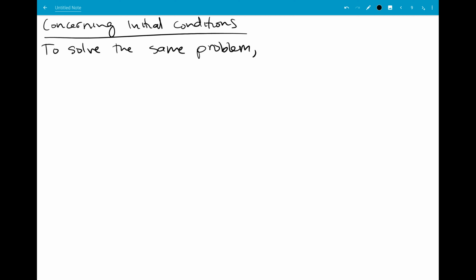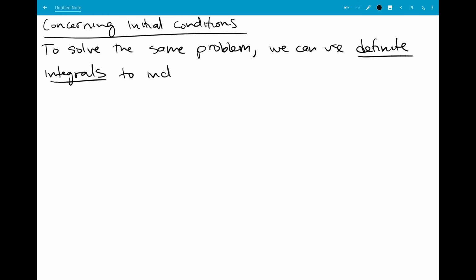To solve the same problem as we were looking at before, we can use definite integrals to include initial conditions from the start.